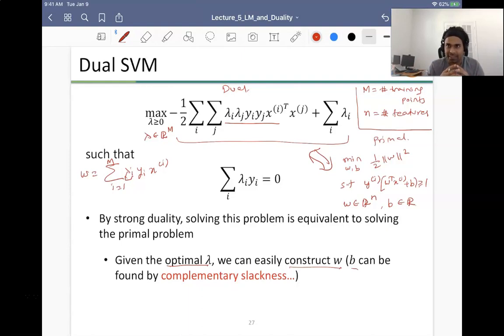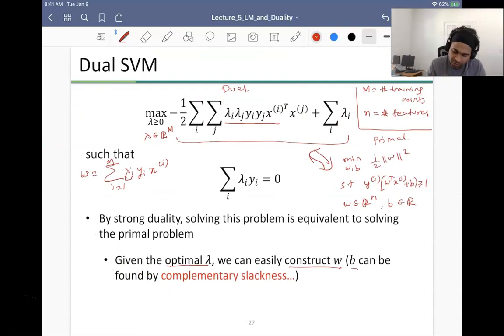I cover it a little bit in my optimization and machine learning course. But basically, the primal problem of the SVM is slightly harder compared to the dual problem from an optimization perspective. So the dual problem can be optimized much faster compared to the primal problem. The cost is that you need to construct this kernel. So the scalability of the SVM is somewhat limited because of this reason.